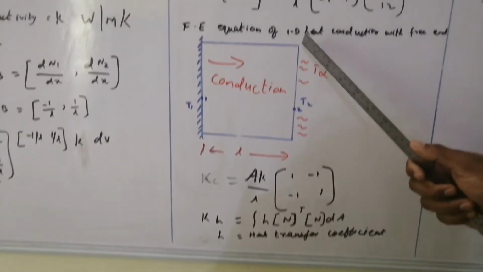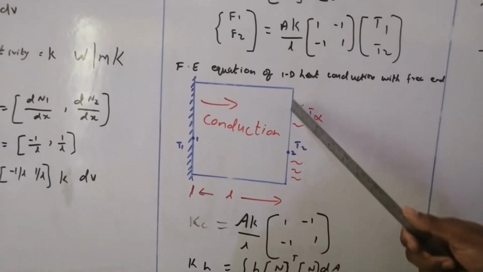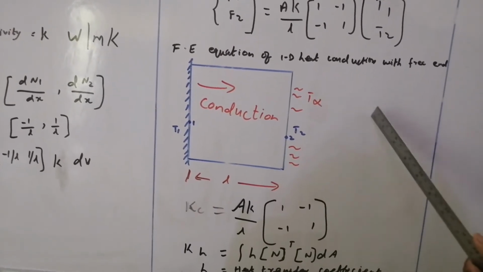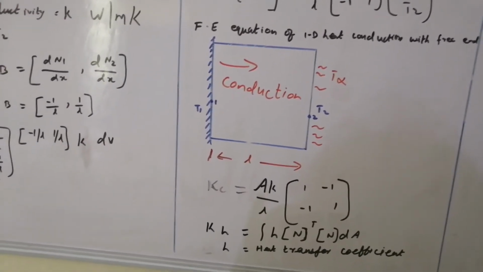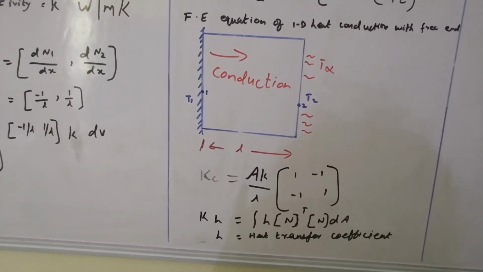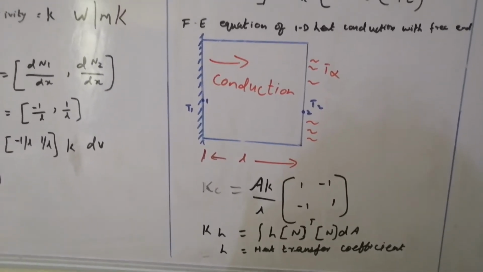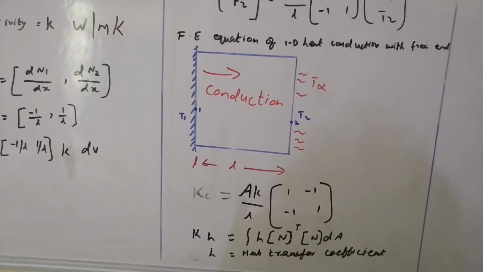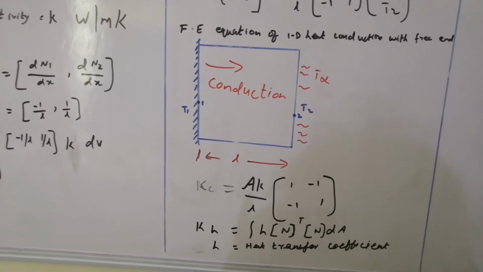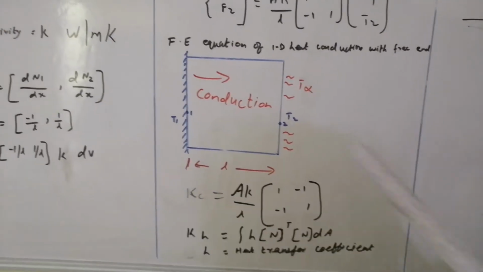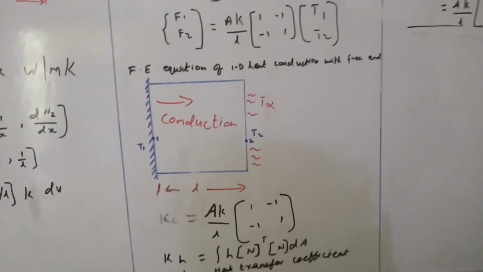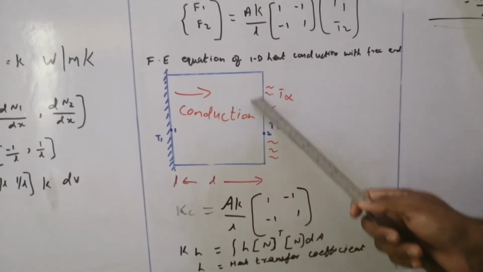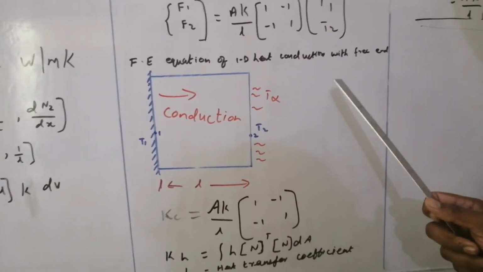And beyond this boundary, convection occurs. And what is convection? The term convection means the transfer of heat from one medium into another medium. In our case, the heat is transferring from this solid body to the atmosphere.